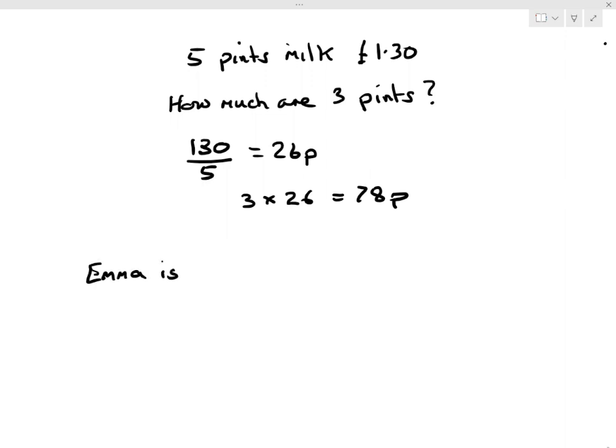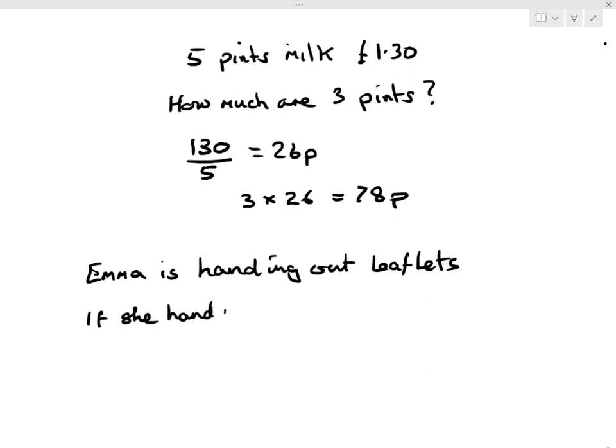So here's another one. Emma is handing out leaflets. You know, the sort of person that sticks things through your door every night, and she gets paid per leaflet. So if she hands out 300 leaflets, she earns £2.40.